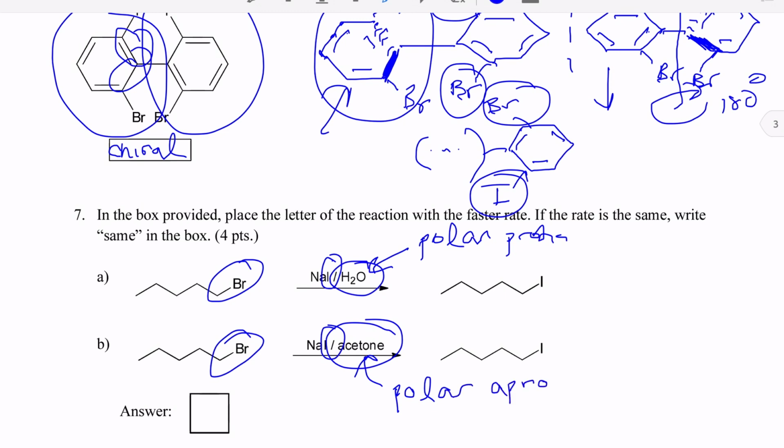When we draw out the acetone molecule, we get something like this. And we see that there are no protons that are willing to easily interact with the other compounds in the solution. So that's why we call it aprotic.